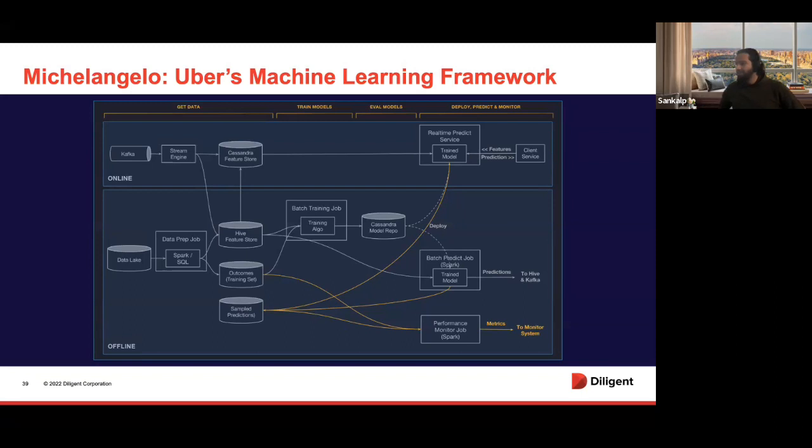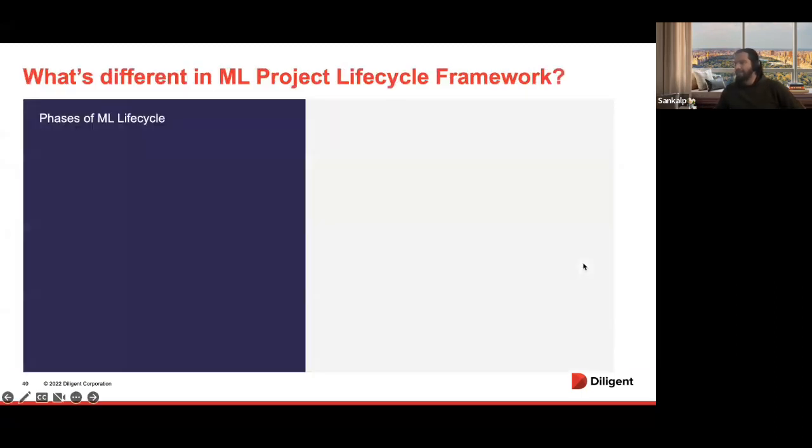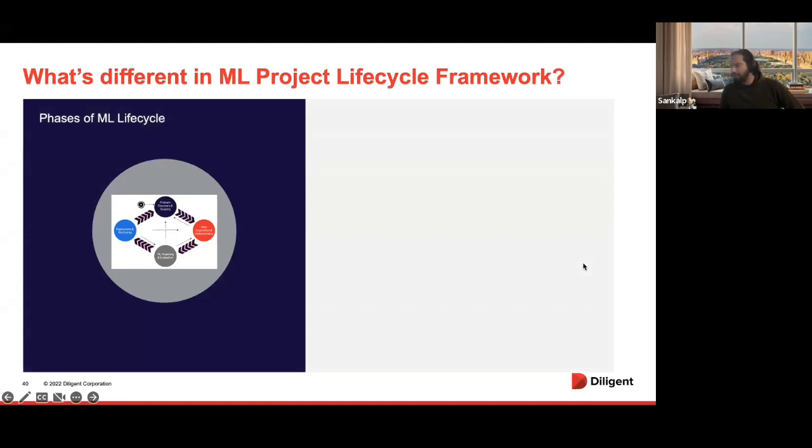So a machine learning framework is somewhat different from these tools in the way that we want to have some kind of framework that is abstract enough that it can be adopted in any development environment, right? We primarily work with AWS, right?